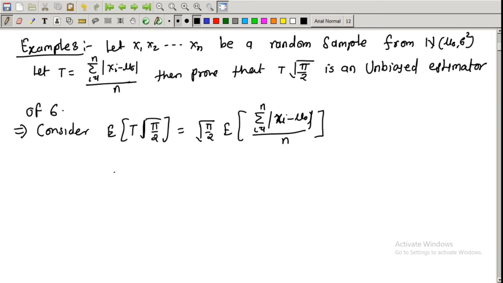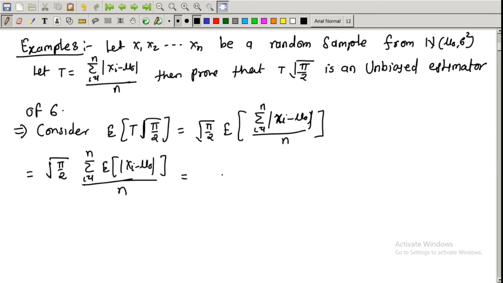So we can take expectation inside. So under root pi by 2 as it is, summation over i going from 1 to n, expectation of mod of xi minus mu naught upon n, which is equal to, this is the mean deviation about mean of normal distribution.